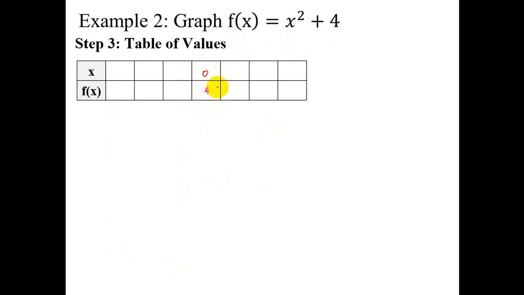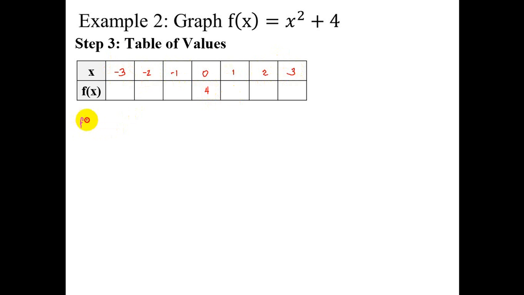We are now going to associate values of x to the right of 0 and to the left of 0 consecutively. So 0, then we have 1, 2, 3, and on the left we have -1, -2, and -3.